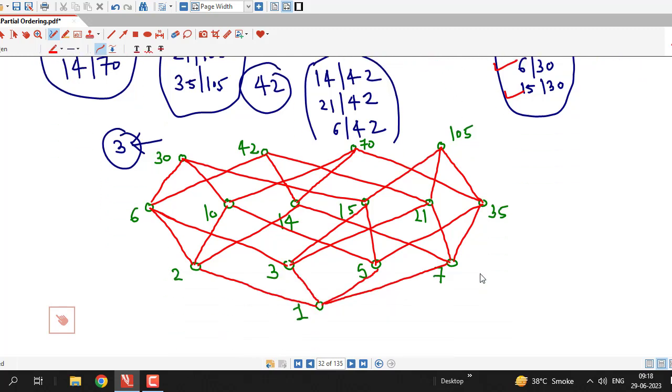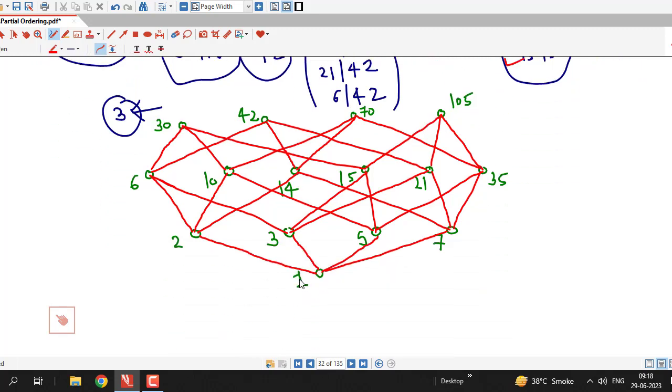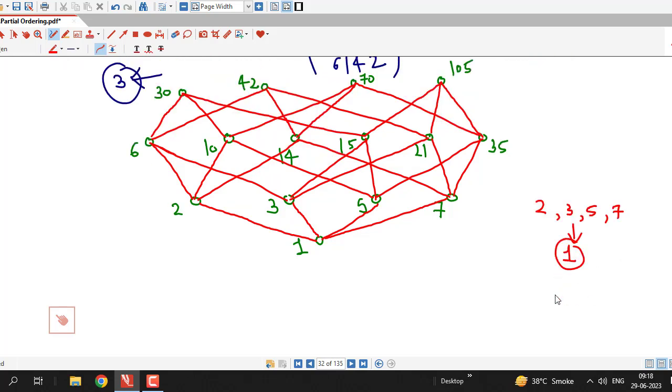Now if you notice, this 1 is covered by 2, 3, 5 and 7, or I can say that 2, 3, 5 and 7 are covers of only one element, that is 1. Then 6, 10, 14, 15 and 21, each of these integers are covers of two elements.